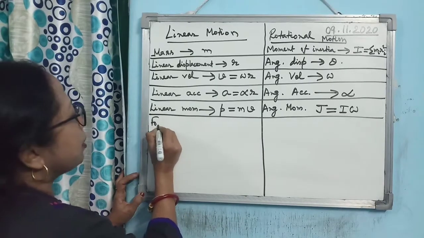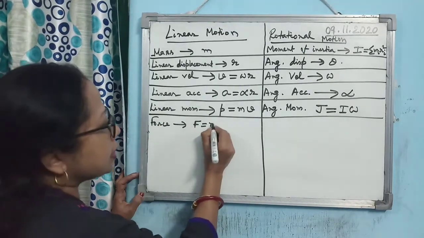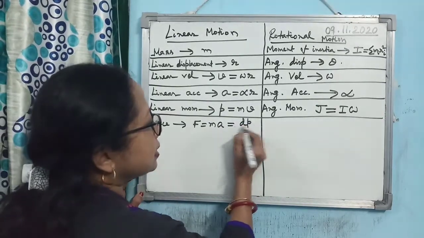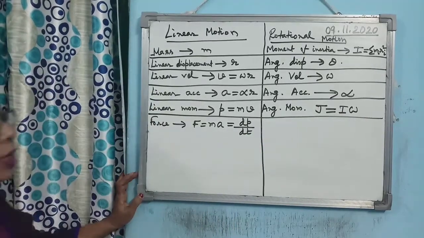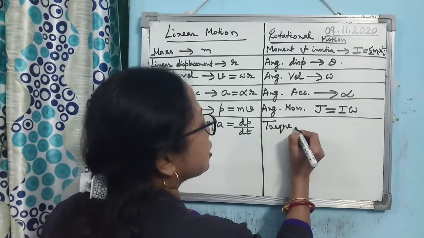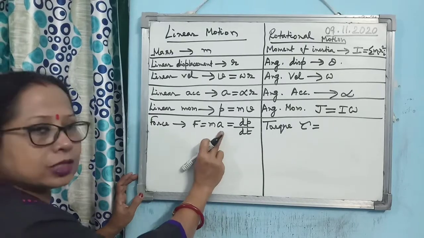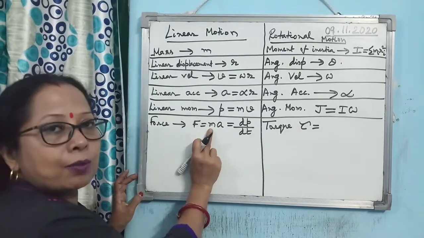So next one, linear momentum is this. Then next is coming force. Force, how we write? Force is mass into acceleration, or you can write it as the rate of change of linear momentum, dp by dt, isn't it? So what is the equivalent term of force in case of angular motion? Torque. Now force is mass into acceleration, so torque will be how much? What is the equivalent term of mass?